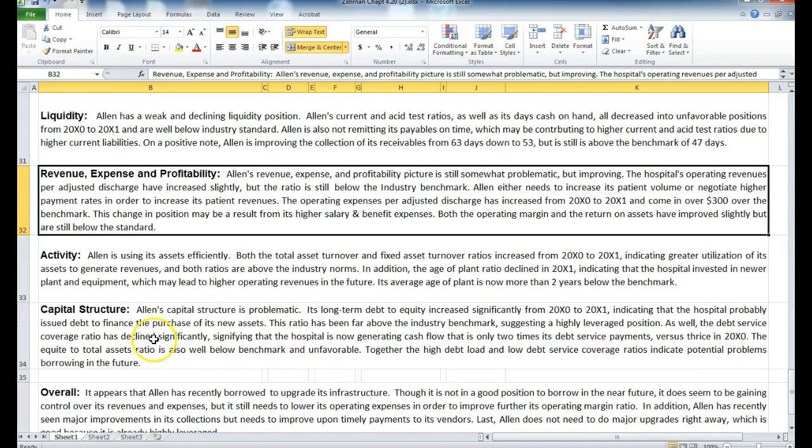And we also talked about their capital structure that's problematic in that their long-term debt to equity increased, indicating they probably had issued some debt to purchase the new assets, and that they are far above the industry benchmark, suggesting a highly leveraged position, meaning that they owe a lot of money.